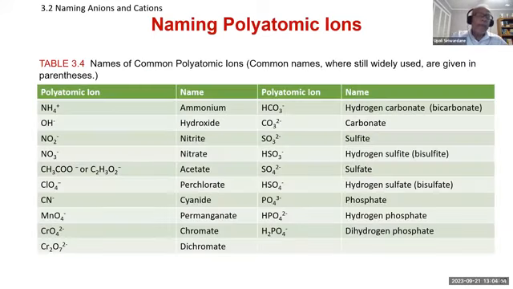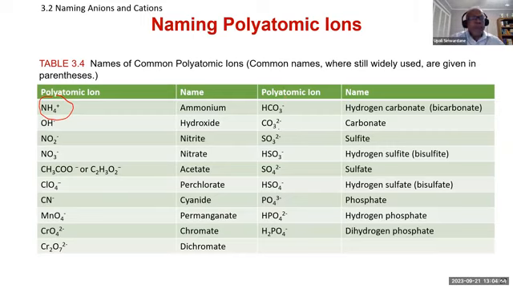Except for the ammonium ion, which is a cation, the rest of the ions listed are polyatomic anions. An anion is a negatively charged ion.